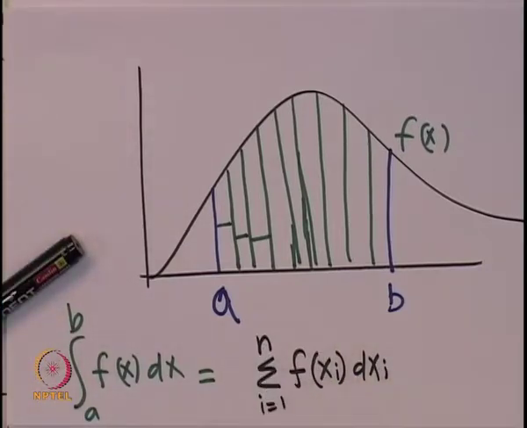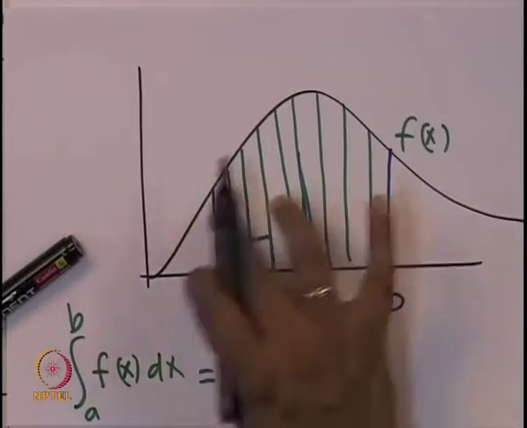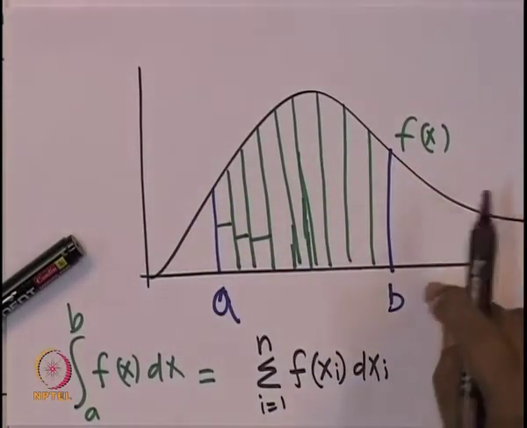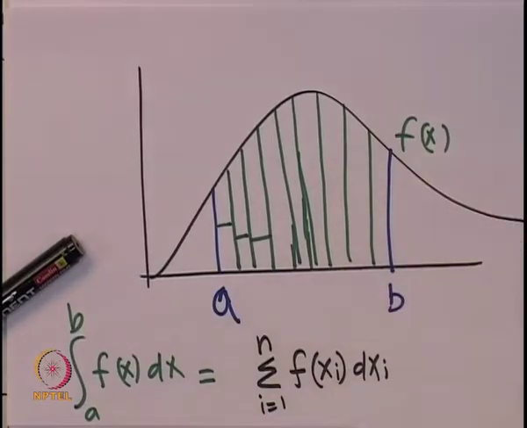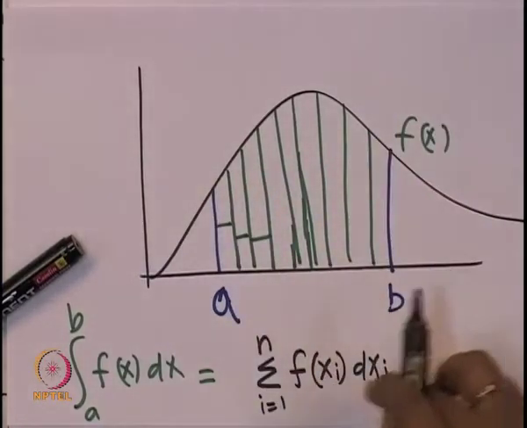Now, what should be the value of n? Should I divide this into 5 intervals, 10 intervals, 20 intervals? We will answer this question, but assume that you divide into n intervals, this is the answer.